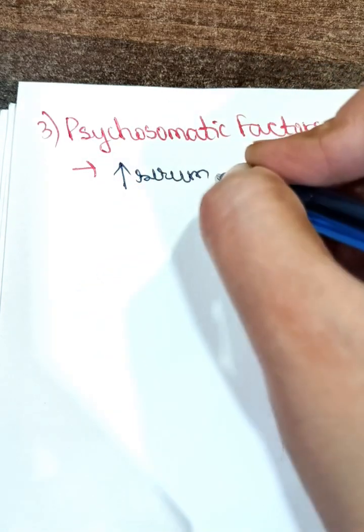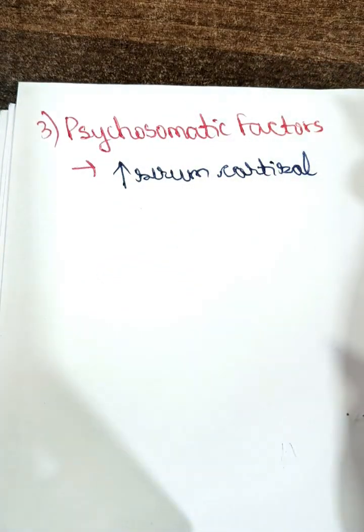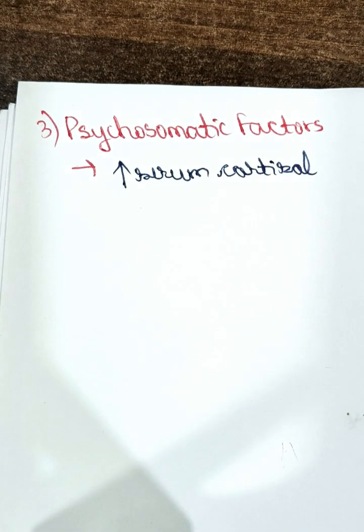Now the next factor, the last, is the psychosomatic factors. Whenever any person takes stress, due to the negative impact which is created inside our body, inside our brain, this leads to an increase in the levels of serum cortisol, which then often leads to the activation of the HPA axis.